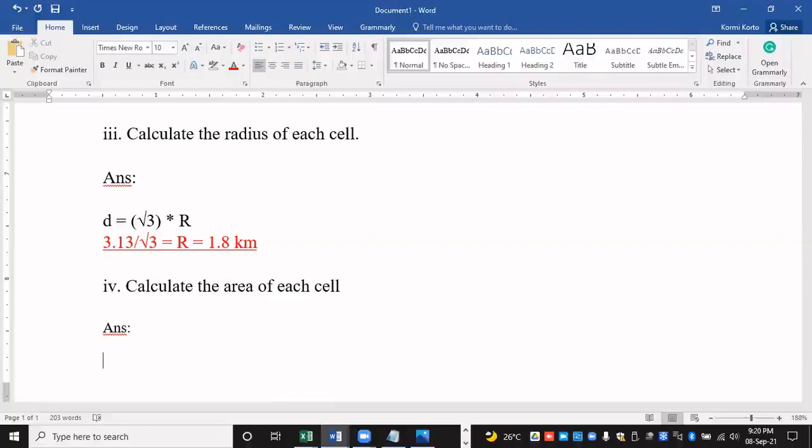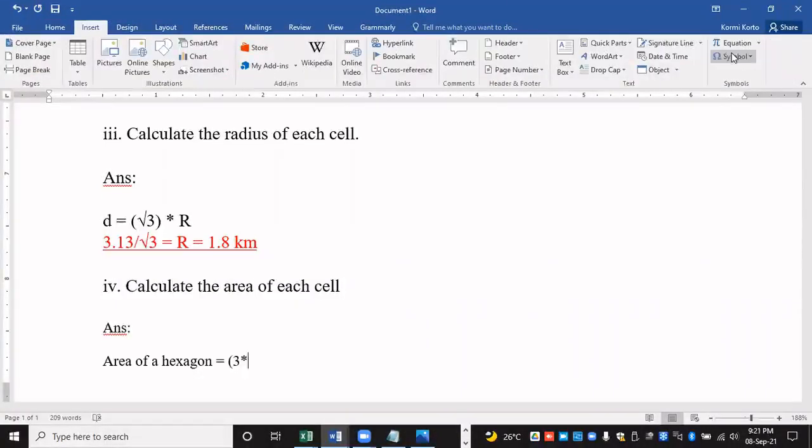So area of a hexagon equals 3 times the square root of 3.